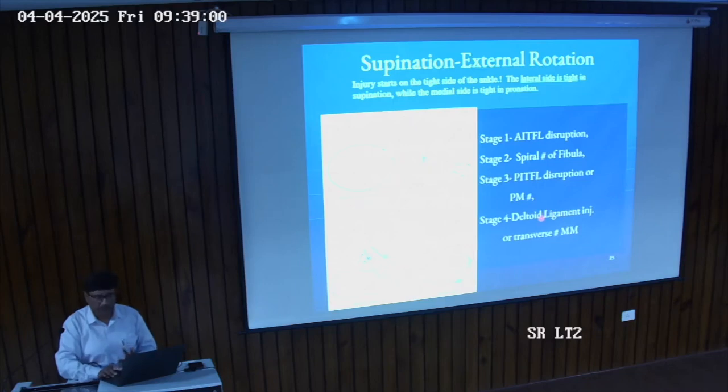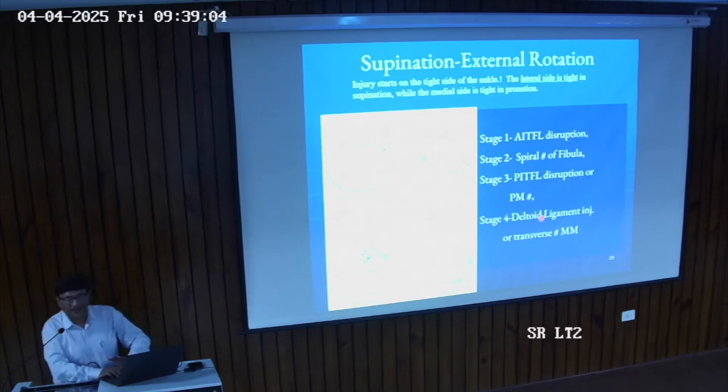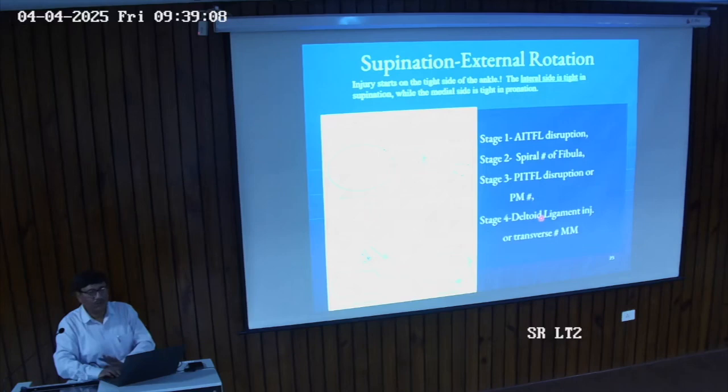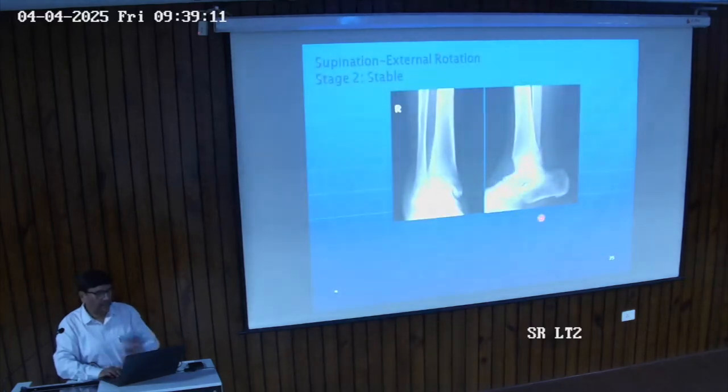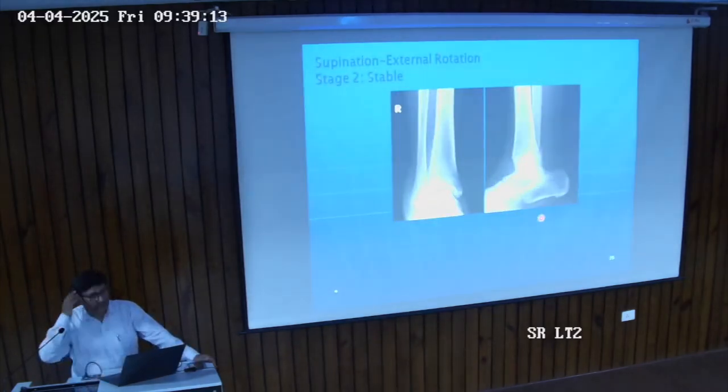Understood? I hope it is clear, because this is the basic mechanism of the most common injury. There are stages. We'll come to know how to diagnose which stage it is. So this is a stage 2 stable fracture.